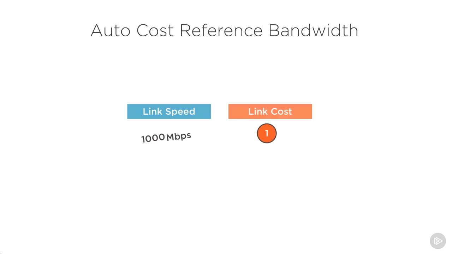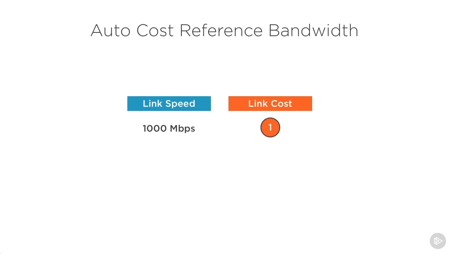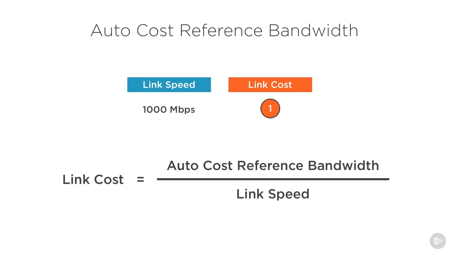Let's take a look at how OSPF calculated that link cost of 1 when the link speed was 1000 megabits per second. The formula we use here is that the link cost is going to be a value called the auto cost reference bandwidth, and then we divide that by the link speed.